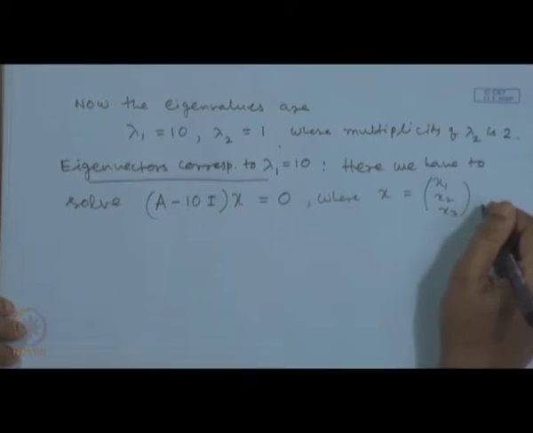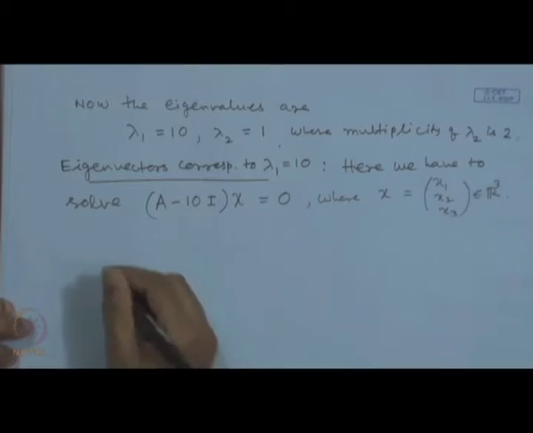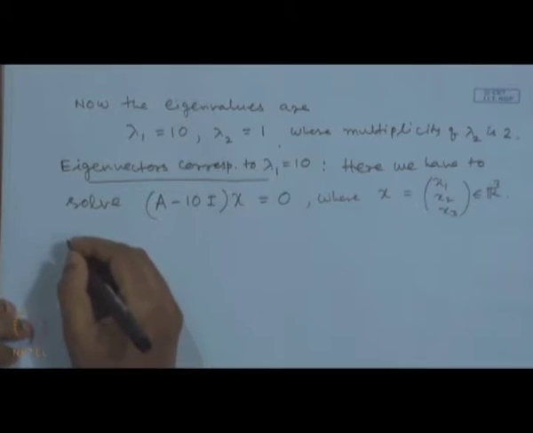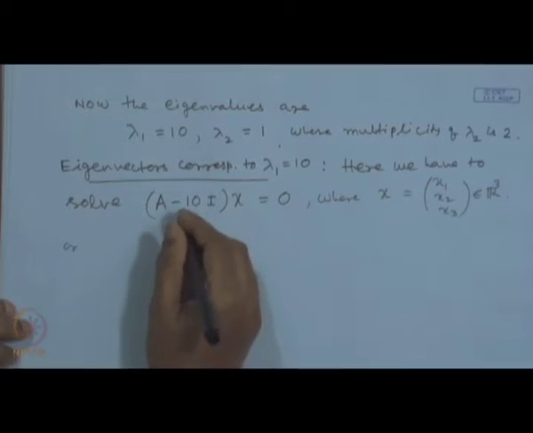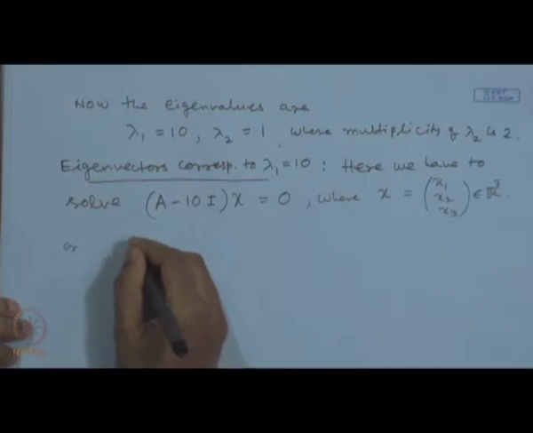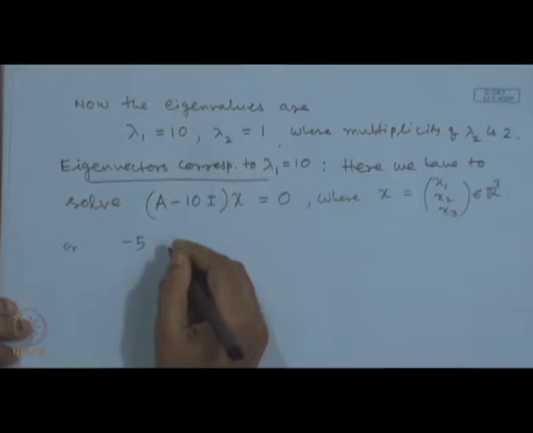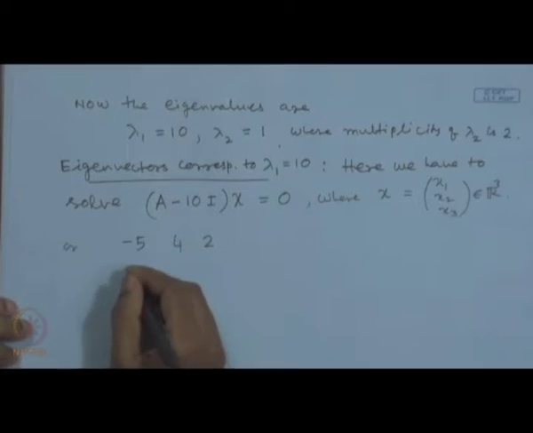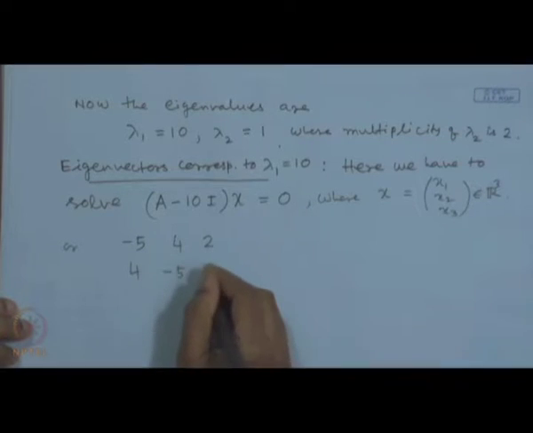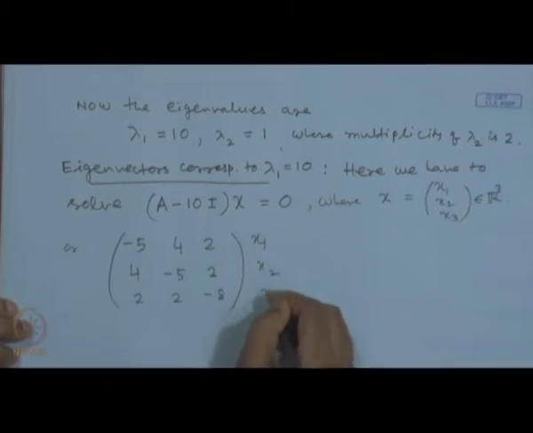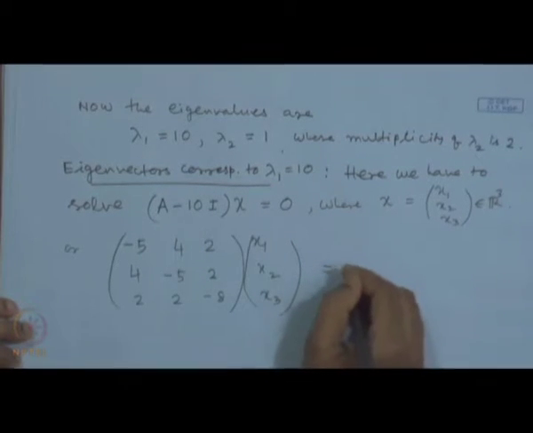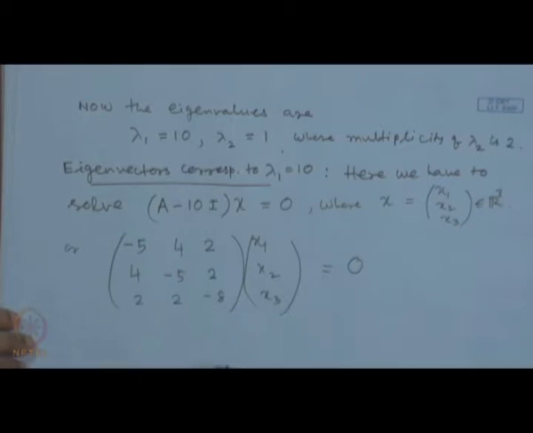This has 3 components. This is a vector in R3 we can take. So, the system is: A minus 10I is minus 5, 4, 2; 4, minus 5, 2; 2, 2, minus 8, times x1, x2, x3, and this is equal to 0.